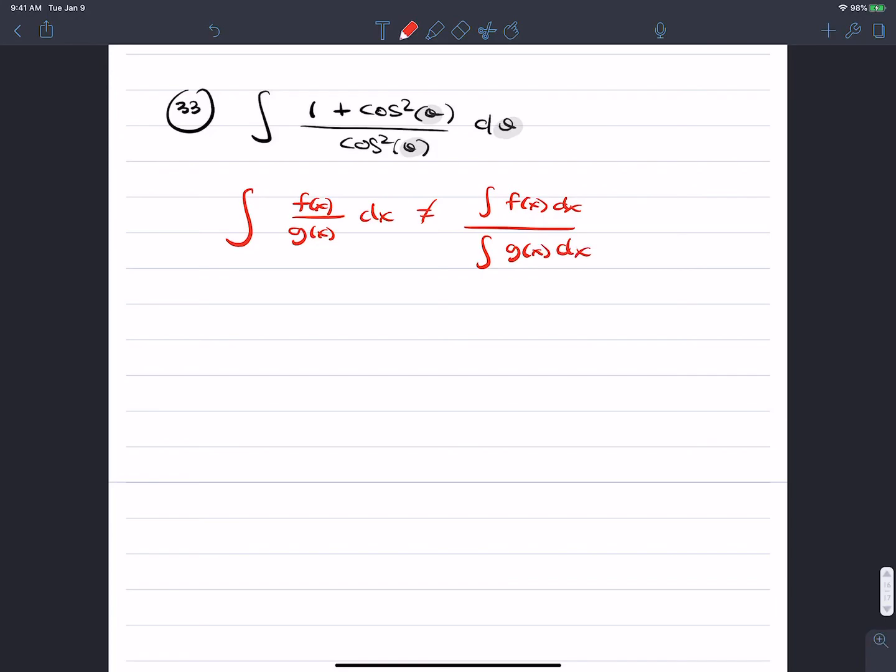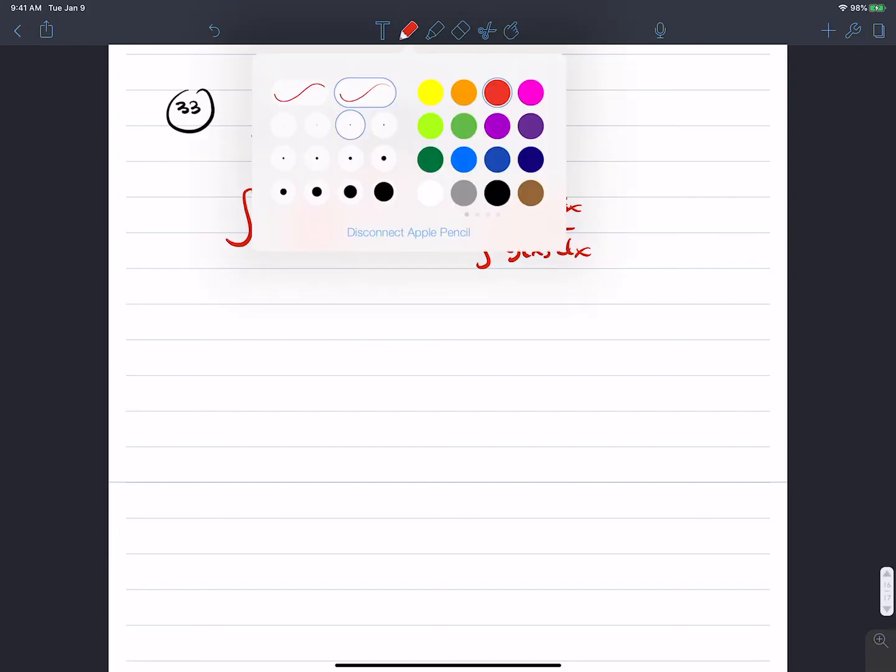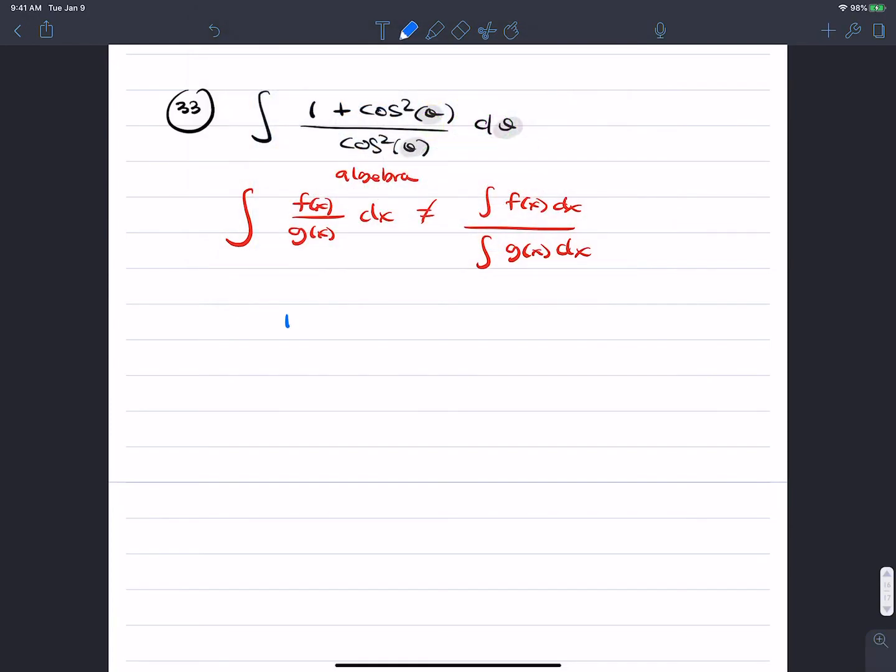So you can't do this. But as you've seen, we're going to have to use some algebra here. So this is what I mean by using algebra. This cosine squared is dividing both terms. It's dividing a sum. So make sure your cosine squared theta divides both terms.